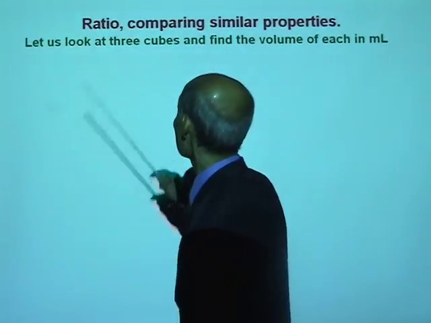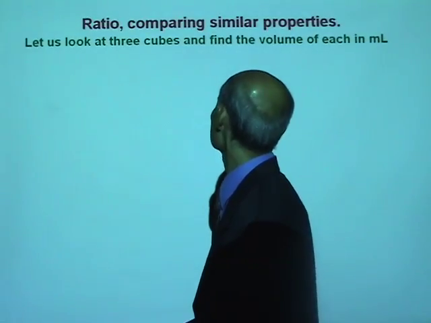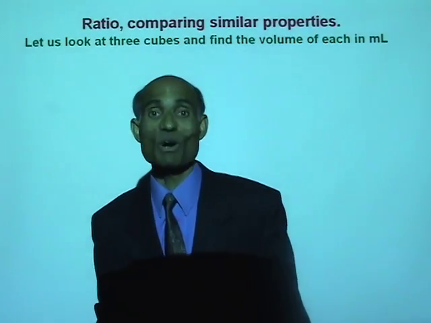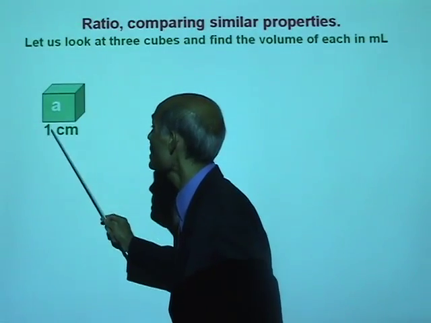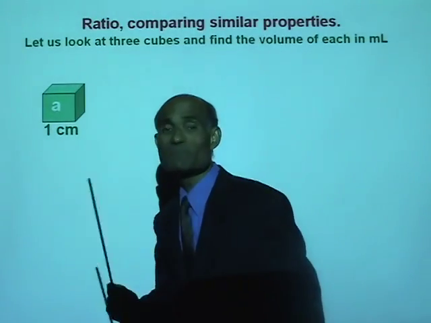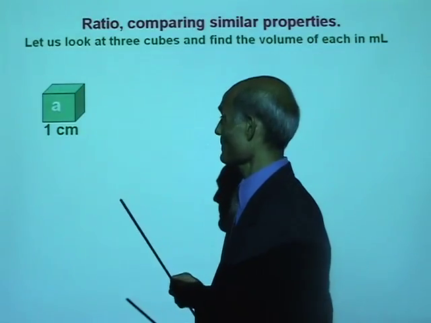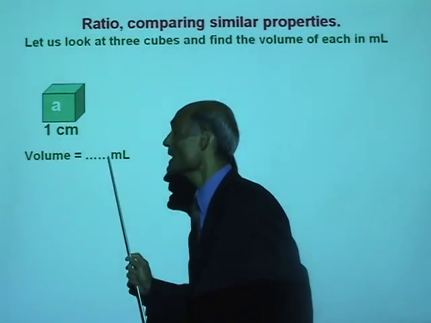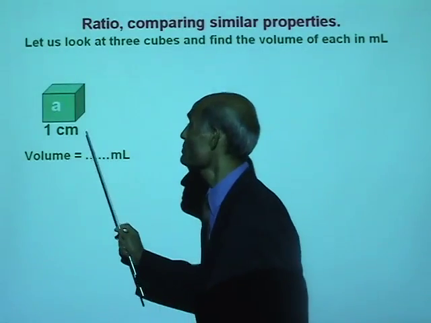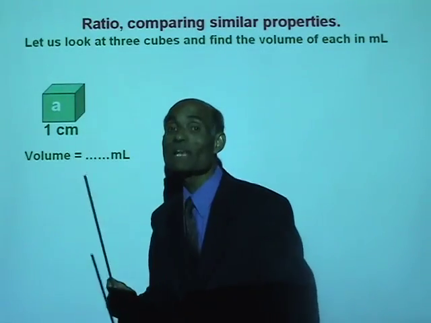Now, let us look at 3 cubes and find the volume of each of those. I have here a cube A of 1 centimeter side. Now, what is the volume of that? Can you write that down in milliliter? What is the volume of this in milliliter?